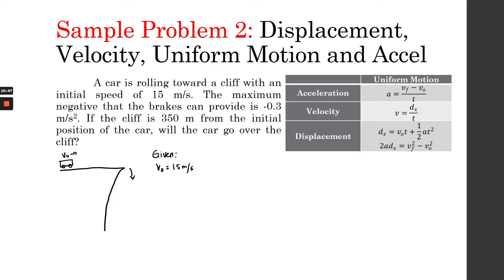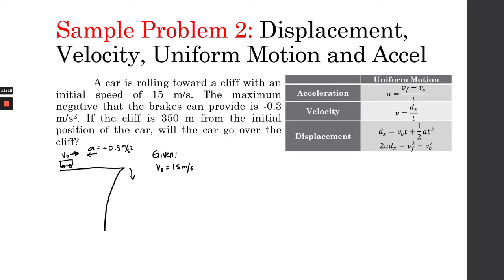The velocity is going to the right, and the acceleration it has is going to the left, which gives it a negative 0.3 meters per second squared.